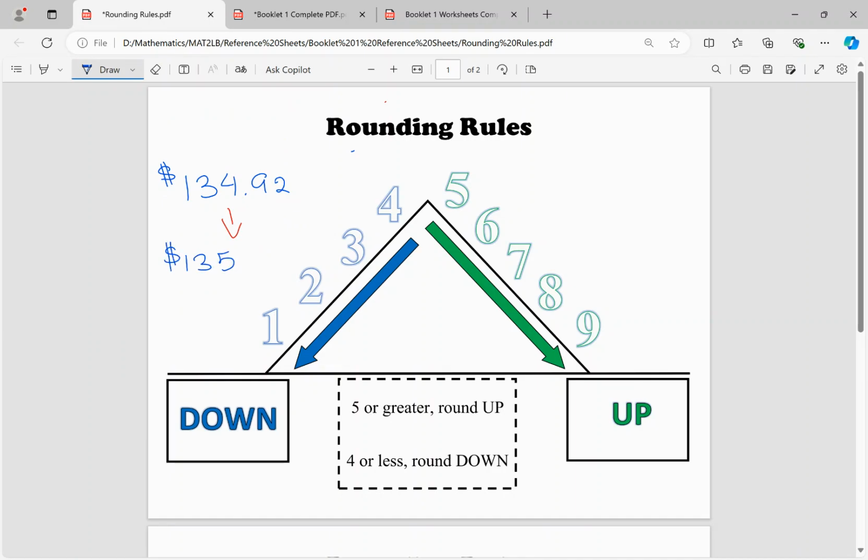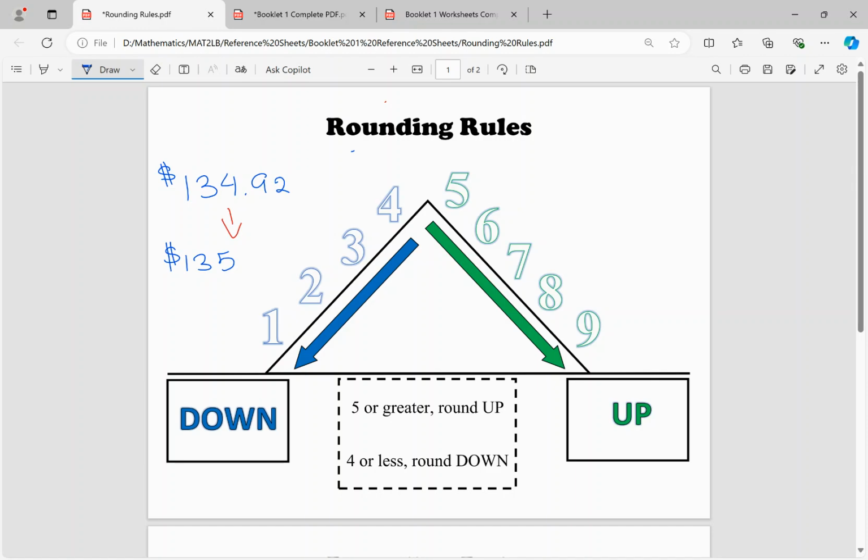Now, the good thing about rounding is that it makes our life easier. Instead of saying $134.92, I can just say $135. The downside about rounding is that it's not as exact. We're estimating. So if you need to be exact, you shouldn't be rounding, but that won't be a problem today.